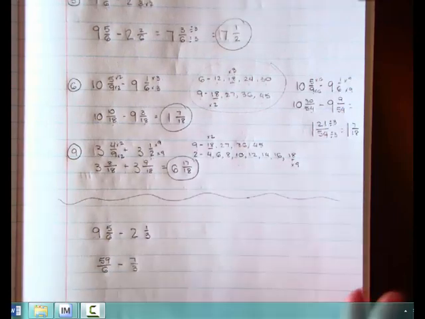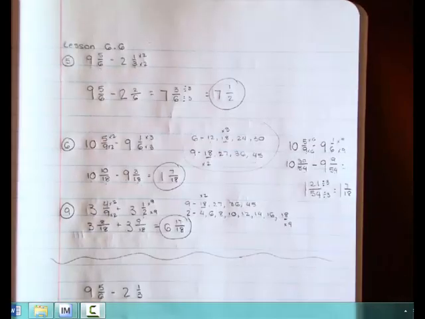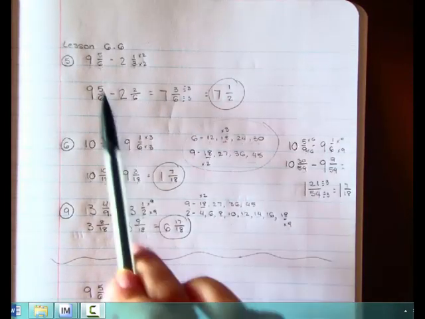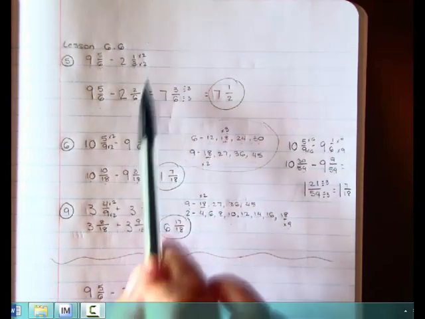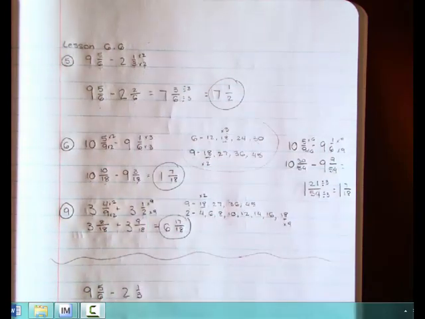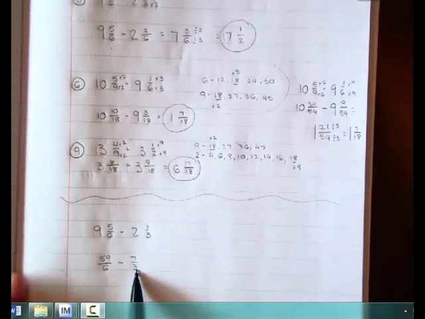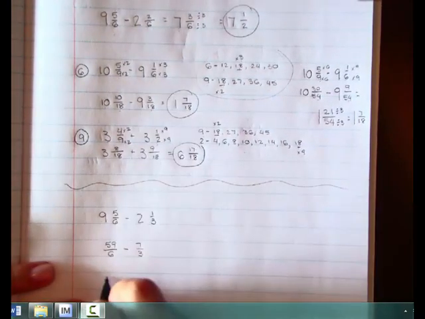But again, I still have to have a common denominator. I'm just going to sneak back up here. Remember, we found that our common denominator was 6, so I have to multiply this side by 2. It's the same for down here. I'm going to keep this one as is. So 59/6.